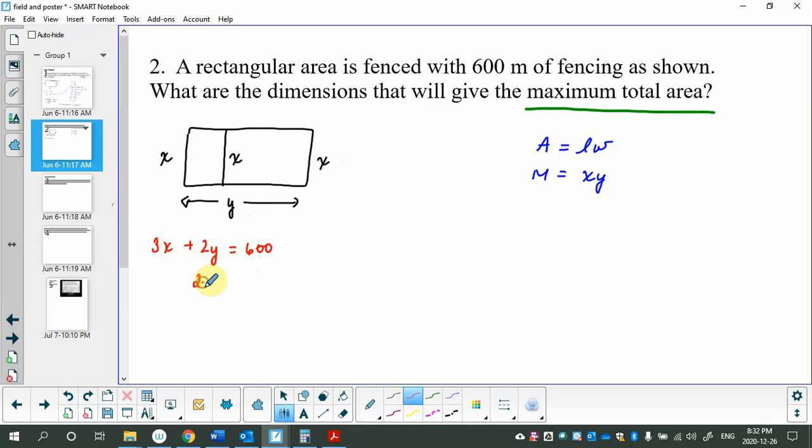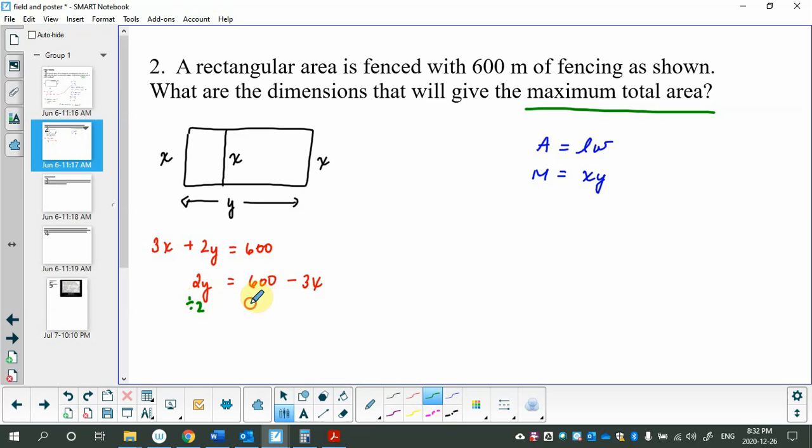The reason I picked the double side rather than the triple side to be y is that when I go to isolate y, if this was the y, you'd have to divide by 3 all the way along, and dividing by 3 creates nasty decimals, 0.33333, 0.66666.